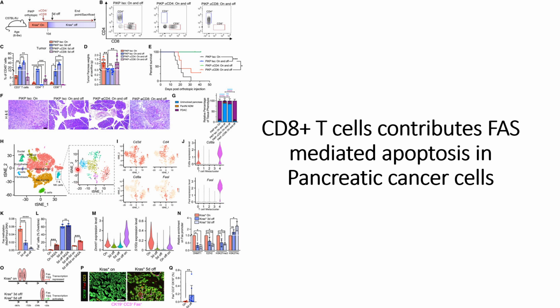Within these murine mouse models, they check what kinds of T cells and FAS receptors are present, and they can see that the CD8 plus cells seem to be in line with FAS cell receptors.